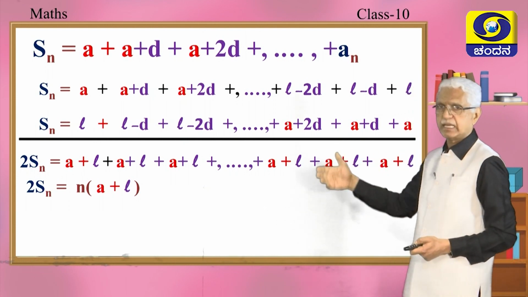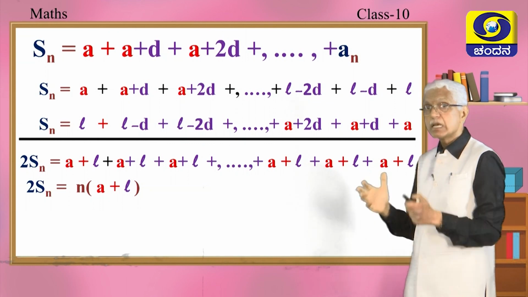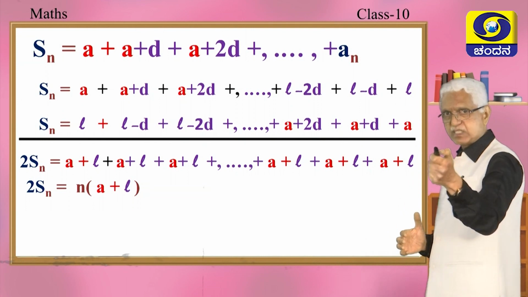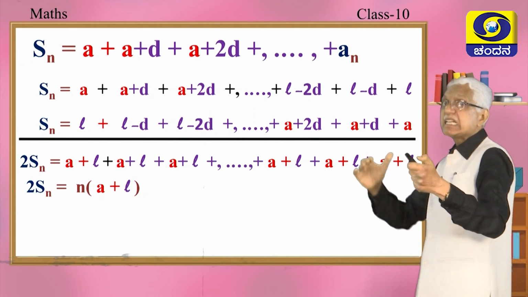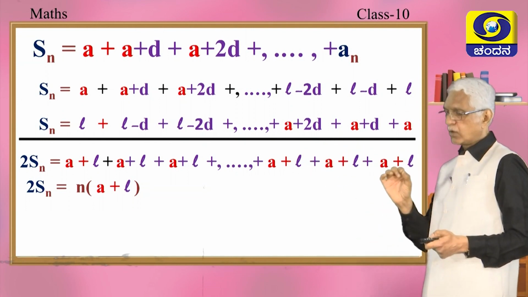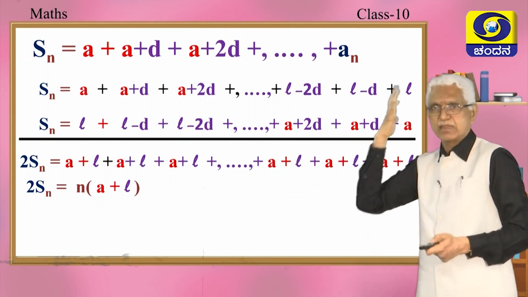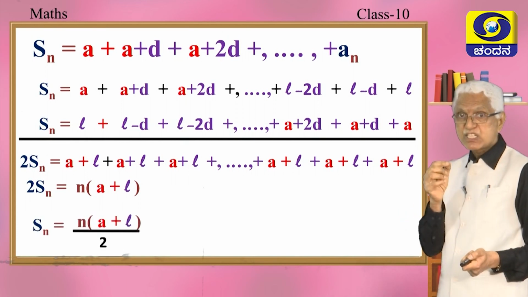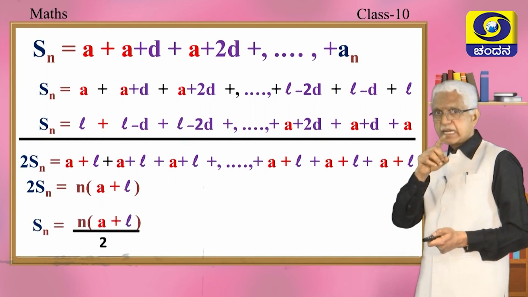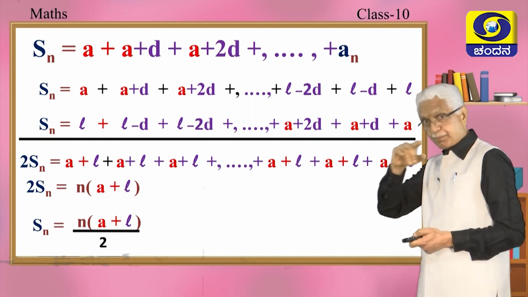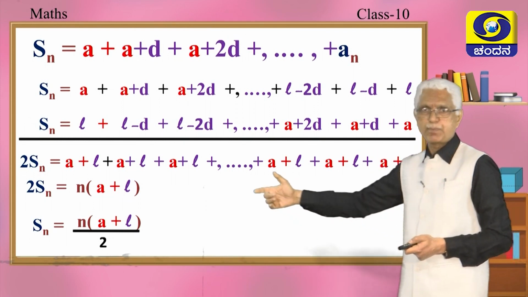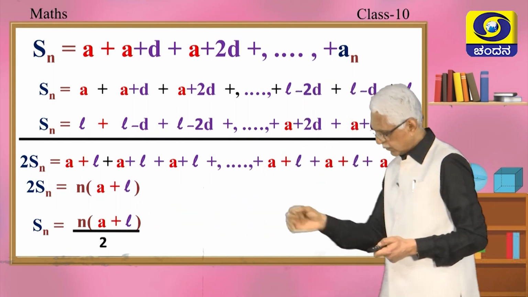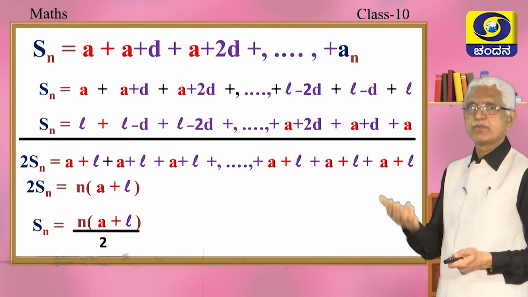This A plus L is repeated how many times? N number of times, correct? This A plus L is repeated N number of times. So, I wrote N into A plus L, agreed? Beautiful. Next step: 2Sn is N into A plus L, and we wanted Sn.